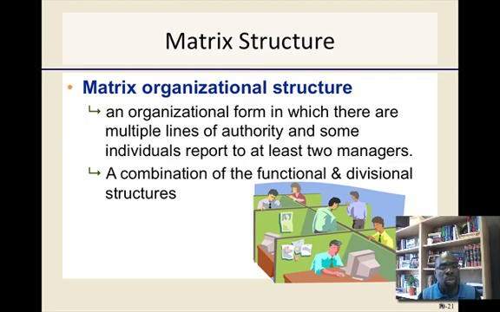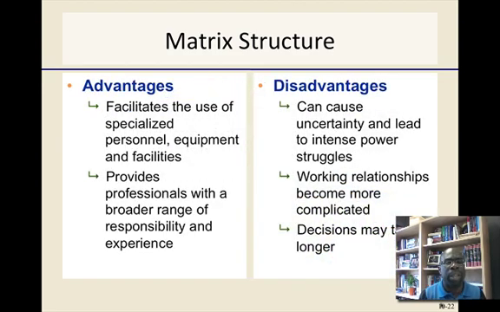Dell Computer is also another company that has used the matrix organization structure with managers reporting to their sales bosses, their product bosses, and their business bosses. So it is a structure that is not very common, but definitely being used by so many organizations.